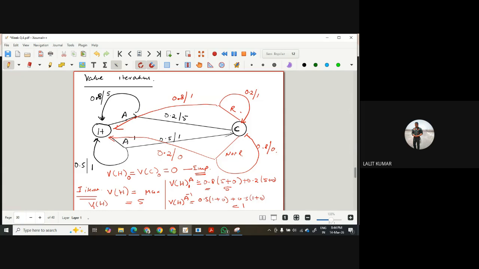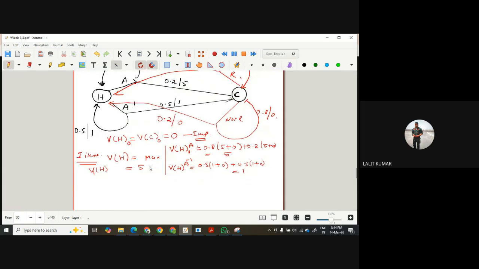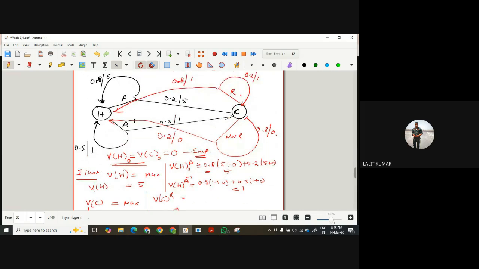This is important. Similarly, we can find V of cold for the first iteration. Again, we will be using these values only because the updates are synchronous. So this will become max of value cold research, value cold not research. Research is equal to 0.2 into 1 plus 0 plus 0.8 into 1 plus 0.